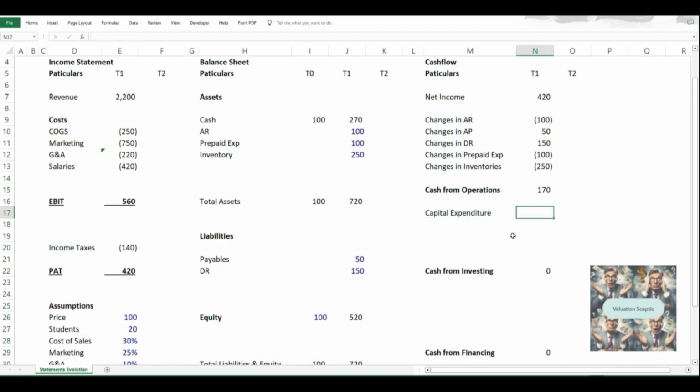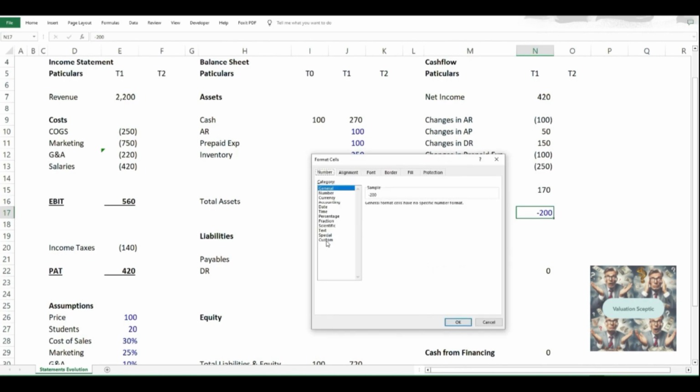That is, assuming, let's say, I am investing 200 to buy a new property, plant or equipment or a new long-term asset, make sure we are using the correct sign. Capital expenditure is an outflow, so we'll be using 200 with a minus sign, and similarly I'll be applying paste special to make sure our formatting is correct, and the number blue as I am putting an assumption over here.